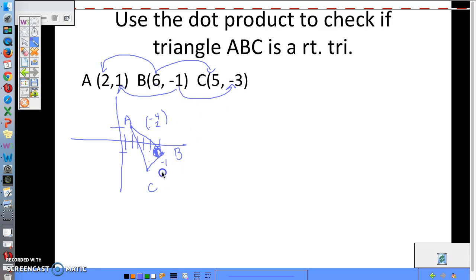Negative 1 to negative 3 is going down 2. So let's check that dot product. Negative 4 times negative 1 plus 2 times negative 2. This is 4 minus 4, which is 0. So yes, it is a right triangle there.